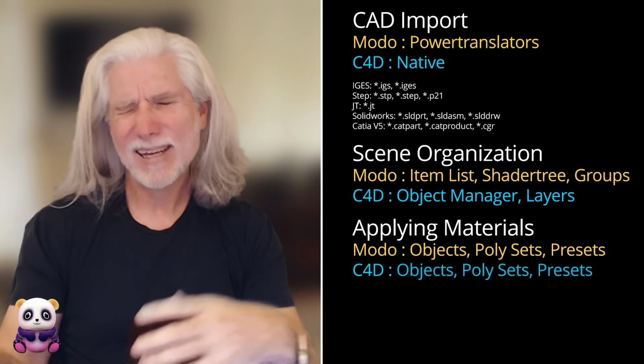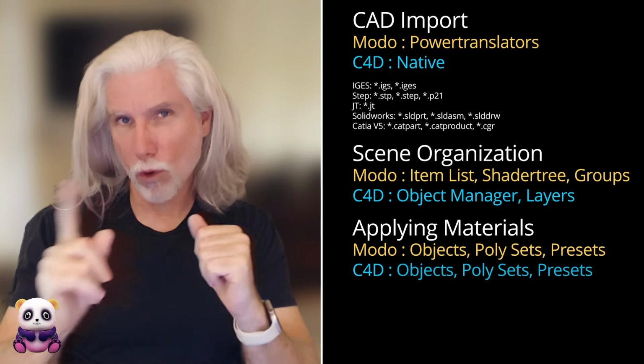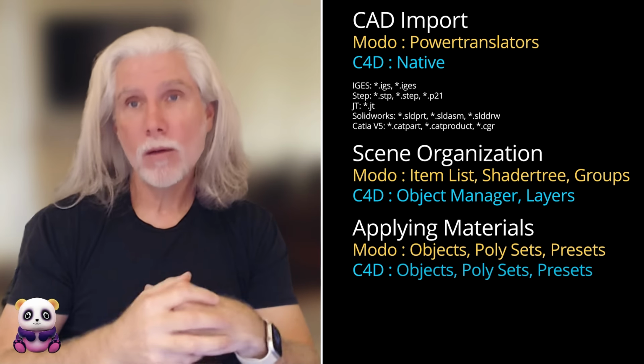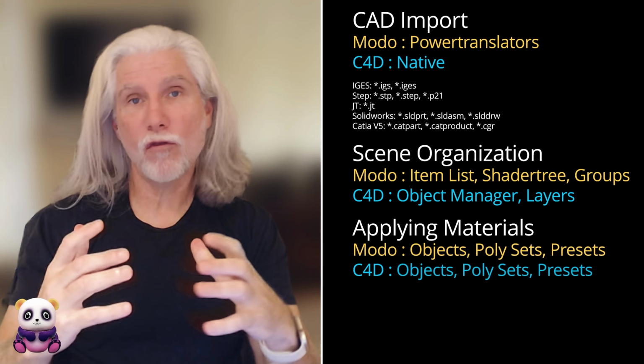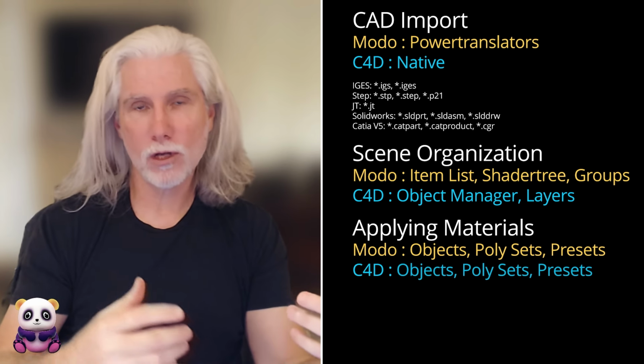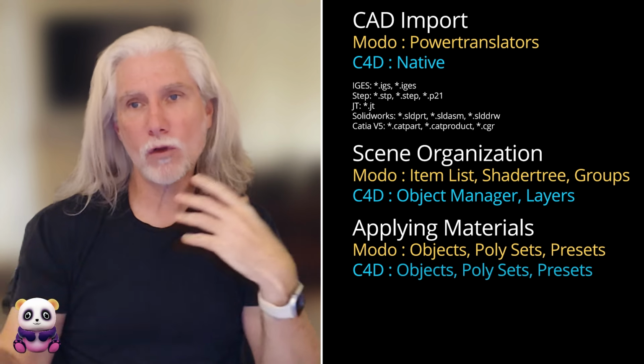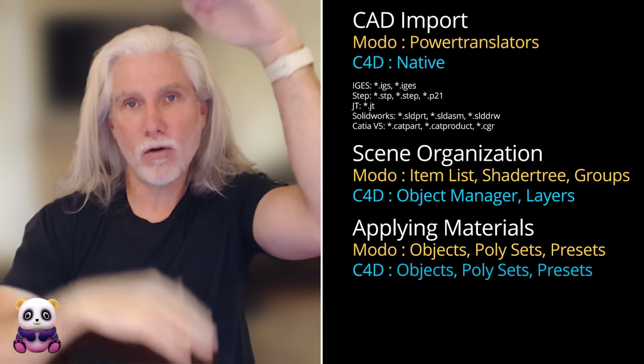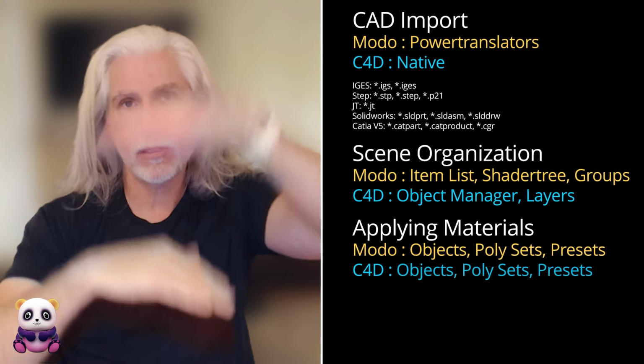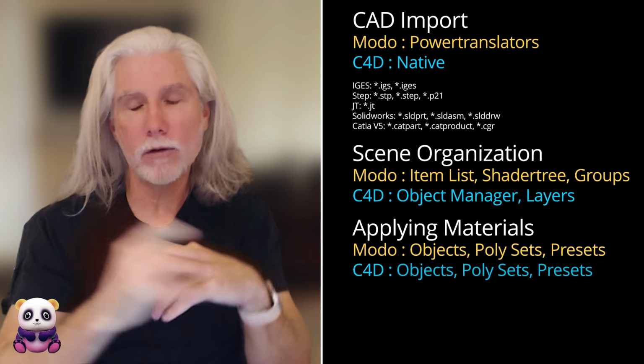Typically, each piece of geometry is just one kind of material. But you want the flexibility of mixing materials onto different polygon sets on one piece of geometry, especially if you optimize your scene and take a lot of different mesh items or objects and crunch them down and merge them into one, right?